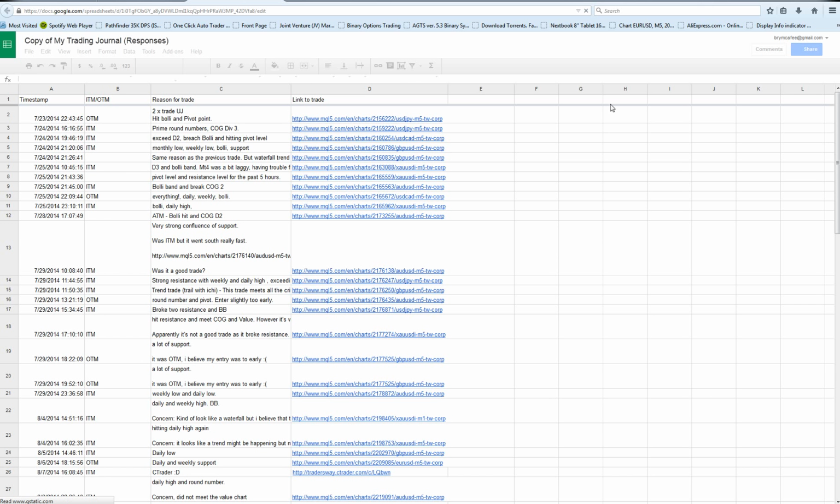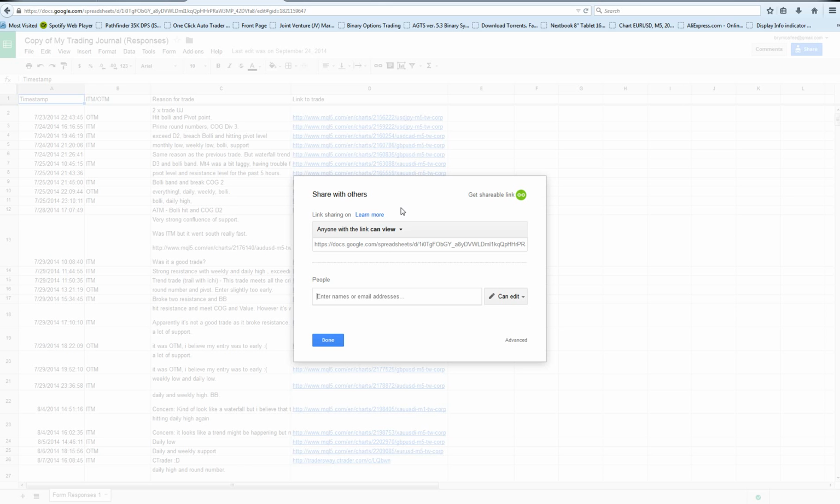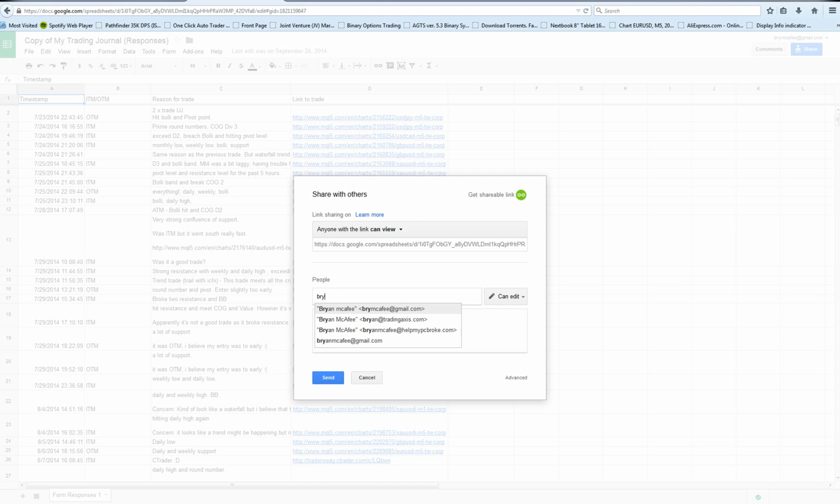So go into your document, then up at the top right-hand corner, you're going to see a share button. That's what I need you to click. You can do it one of two ways. If you want me to be able to edit it, down here, enter my email address. You can make it so I can edit it, or so I can comment or view.